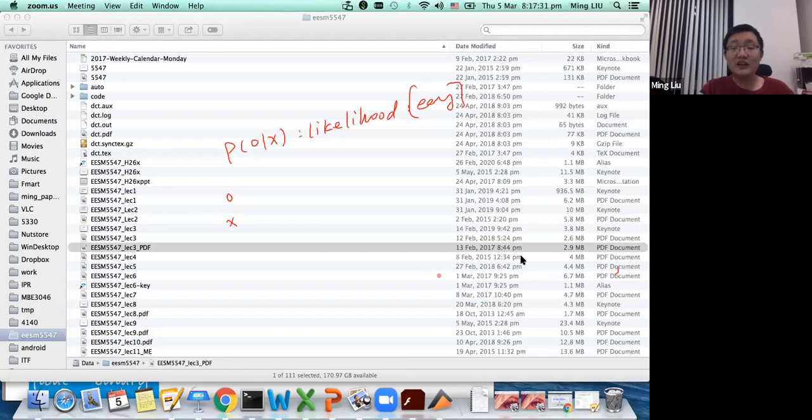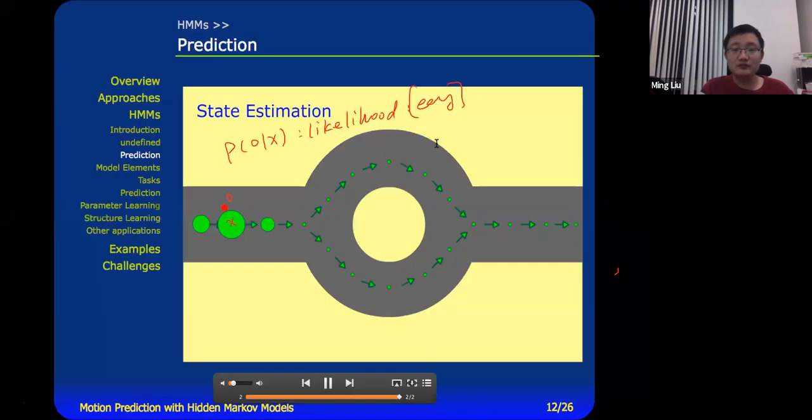Anyone want to try? So how can you describe this likelihood, P(O given X)? If you know X is here, then what's the probability or the distribution of observing such an O? How can you do that?